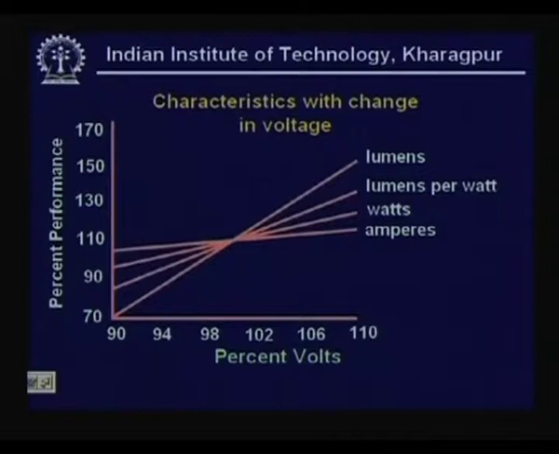So, these are representative. As we know, an increase in voltage will certainly give higher output, but there is every danger of resistance going very high, and as a result, because the temperature goes higher, current levels go higher.